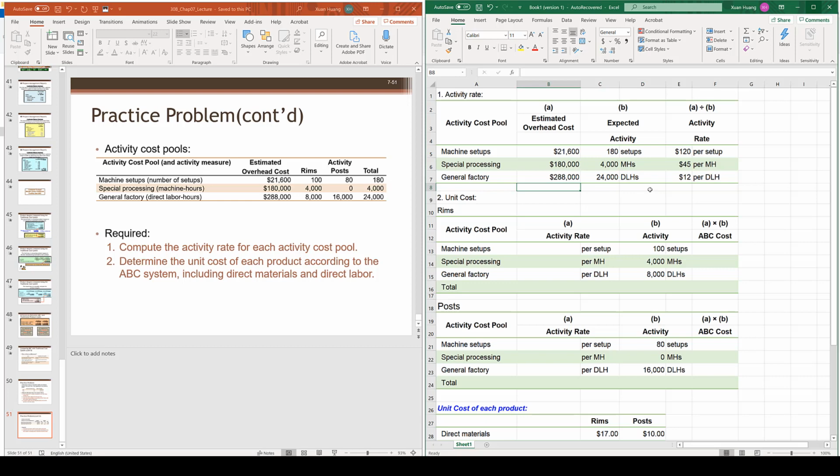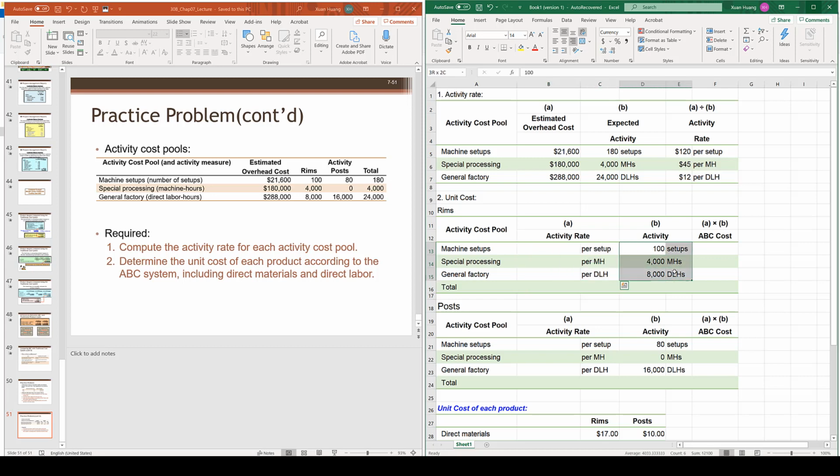After we calculate the activity rate, we can use the rate to assign cost to product in the second stage allocation. Let's take a look at the rims first. We have activity cost pools, and we've already calculated the activity rate.